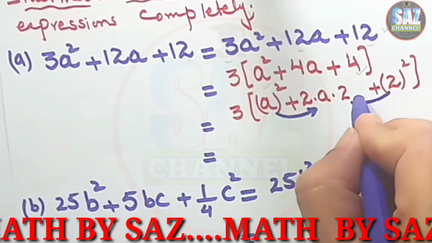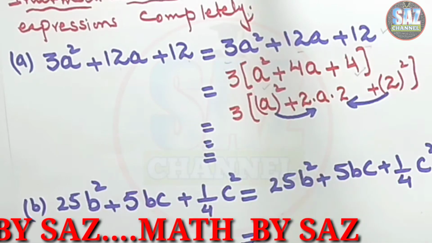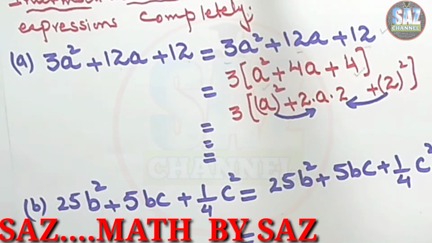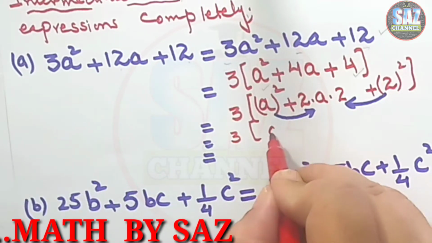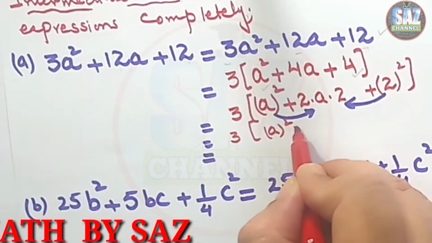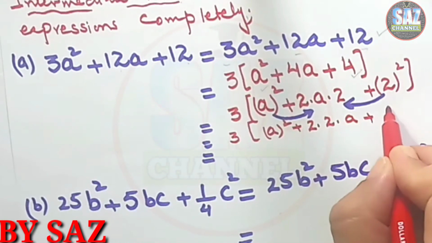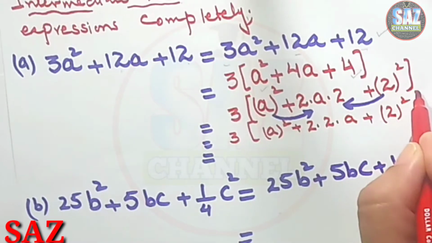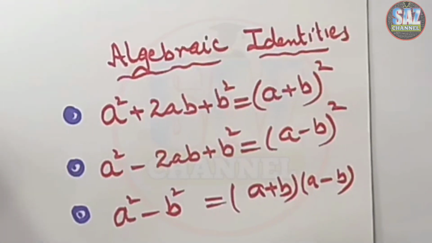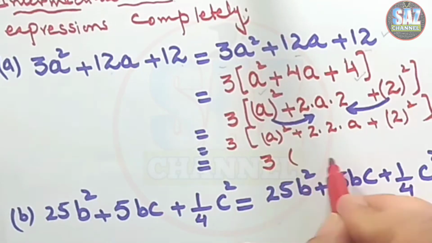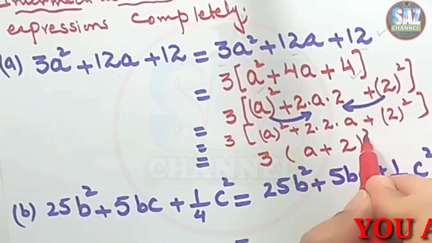So what I can do is add one more step here to rewrite the constants in the beginning. This will become a square plus 2 into a plus 2 square, and finally I have to write it in the form of a plus b whole square, and my final step will be 3 into a plus 2 whole square.